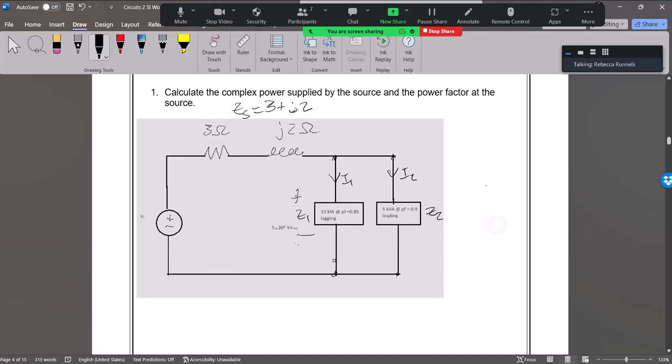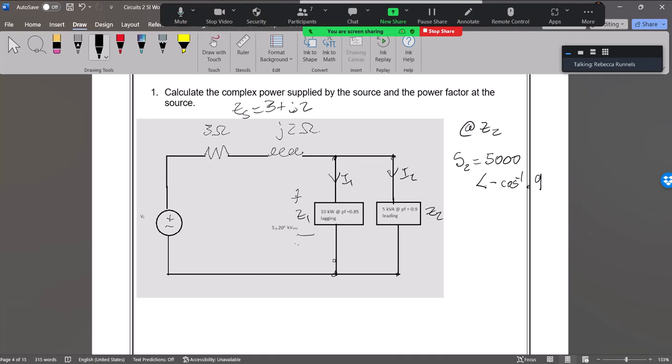And now if I look at Z2, I can see that my power is 5,000, and my angle, I can get that from the power factor. It's leading, so it'll be negative. So my angle is going to be negative inverse cosine of the power factor, which is 0.9.